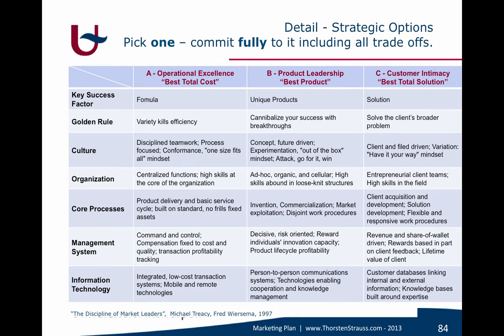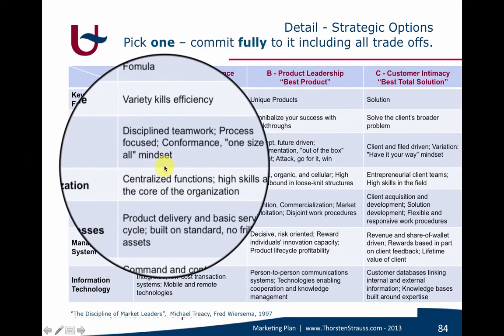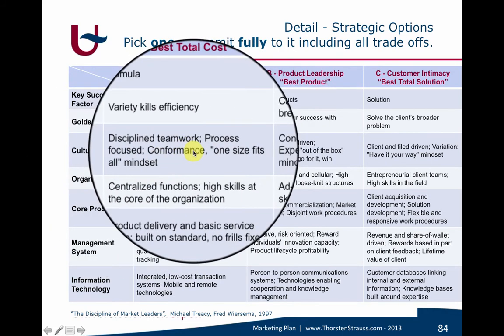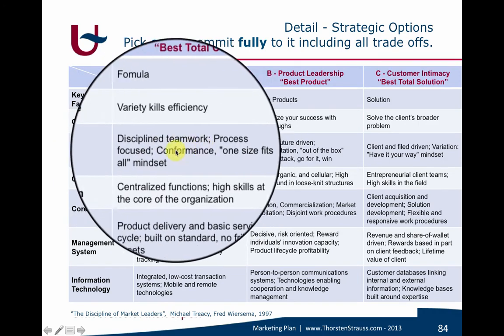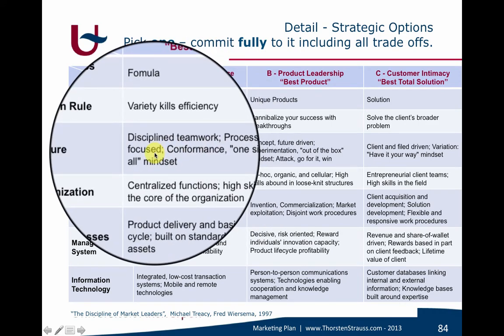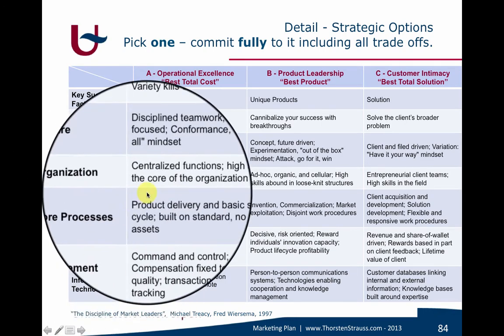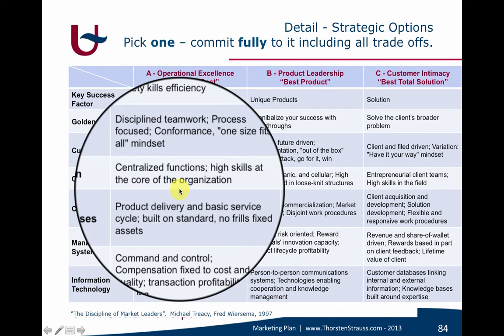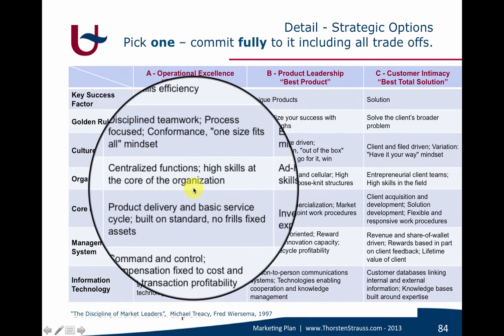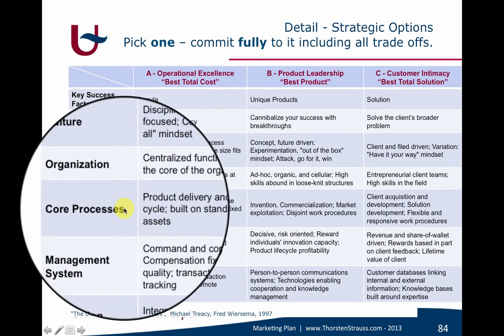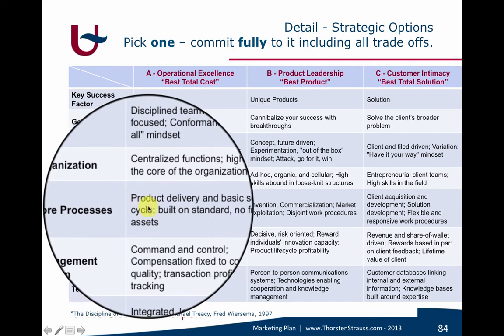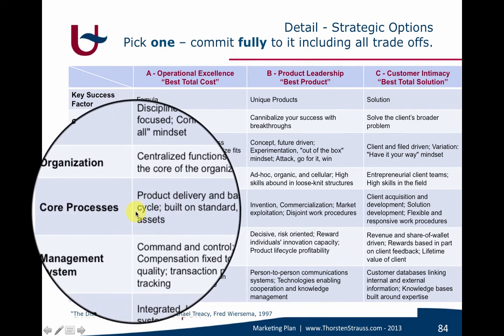But it goes much deeper than that, and it goes into the one-size-fits-all mindset, total conformance. You're very disciplined, you have very process focus, very elimination of all errors and inefficiencies. You are very centralized. You have high skills at the center and the core organization. Everybody gets paid as little as possible. You are looking into product delivery and basic service cycles.